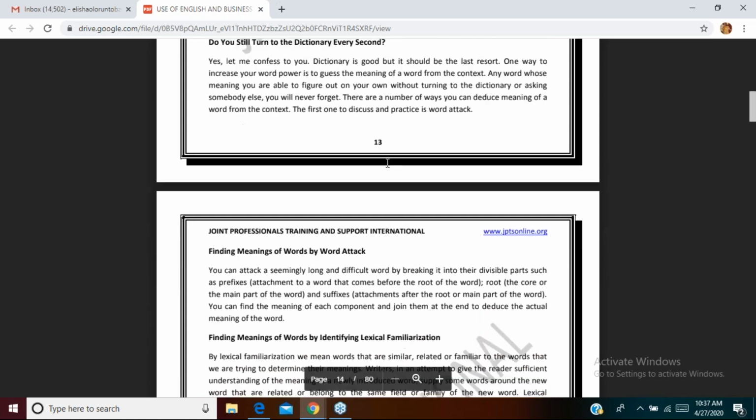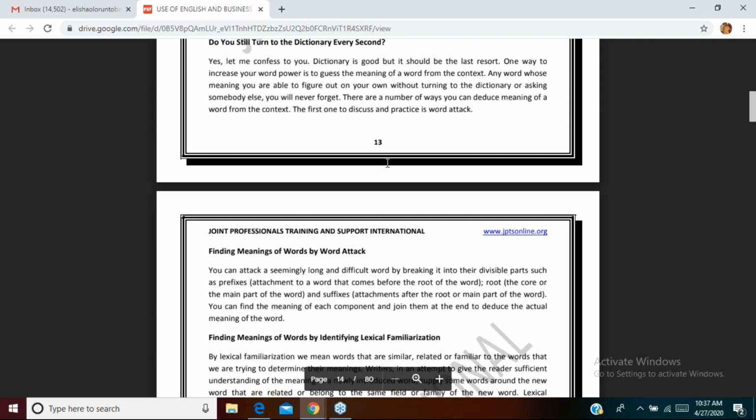So we said finding words and meanings of words by word attack. That's what I just explained now. So the best way is you can attack a seemingly long and difficult word by breaking it into their word divisible parts, such as prefixes. Yes, I believe you should know what prefix is all about. Attachment to word that comes before the root word. That is what prefix. So we have prefix, we have suffix, and we have the root word.